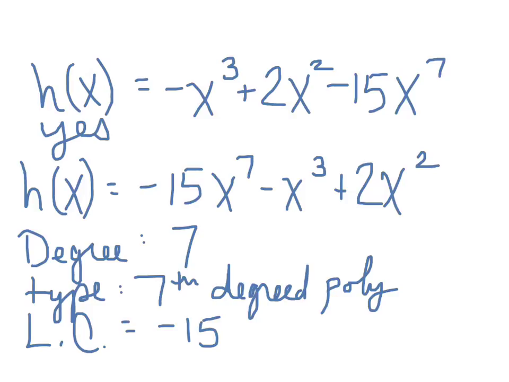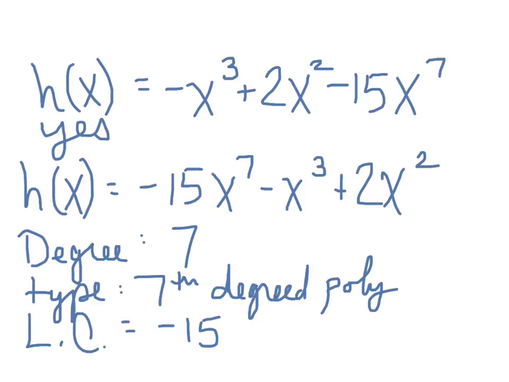Tomorrow on your test, just so you have an idea, it's 12 questions, 2 of which are just like this. All you have to do is tell me all the pieces. How do you know if it's a polynomial or not? If you have any negative exponents whatsoever. So if that had been negative 15x to the negative 7th, that's not a polynomial.